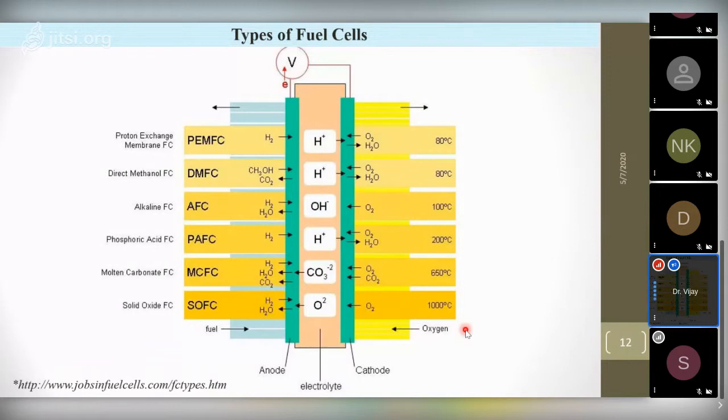I started with carbon, and I just wanted to convey solid oxide fuel cell, because as I am working more closely with solid oxide fuel cell, there is another part apart from the electrode. There is another part, the interconnect, which needs to be more stable in that environment. So we are working on that one nowadays.